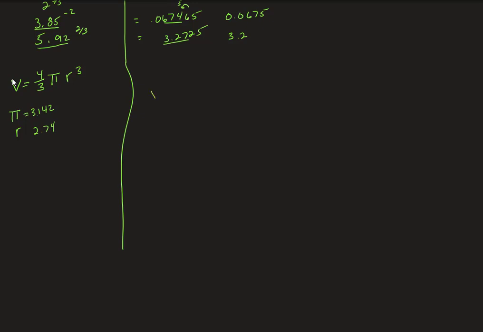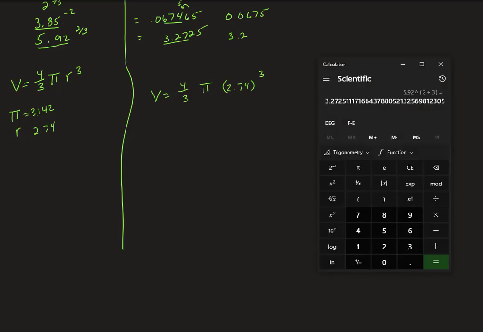So let's do this. Our volume is going to equal 4/3 times pi times our radius, 2.74 cubed. And let's work that out. So we have 4 divided by 3. Now I'm just going to hit the equal sign.